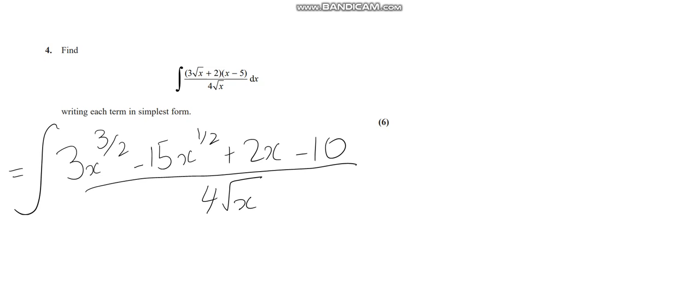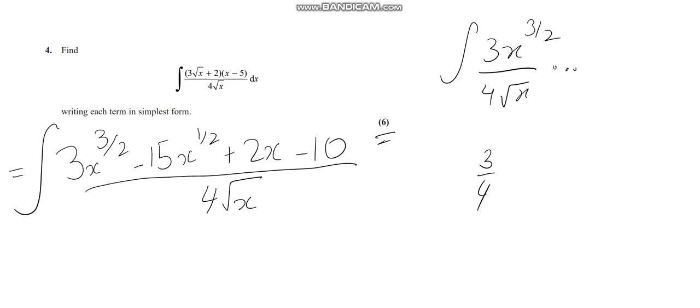Now, this is a 6 marker question, so you have a lot of time solving it. You can integrate the terms separately, starting with this one, 3x to the power 3 upon 2 over 4 root x, and we will deal with the other contents later. So 3 upon 4 stays as it is, and we have x to the power 3 upon 2 divided by x to the power half, since root of x is x to the power half.